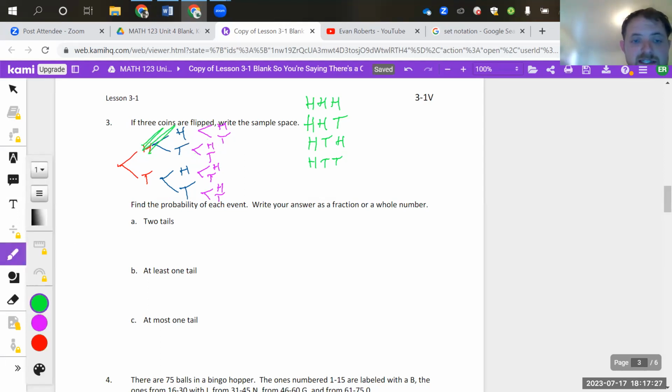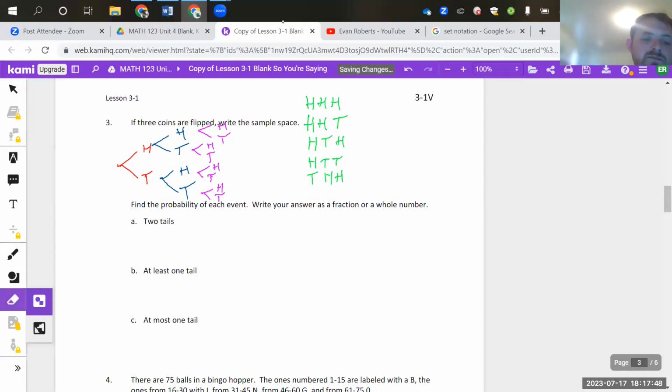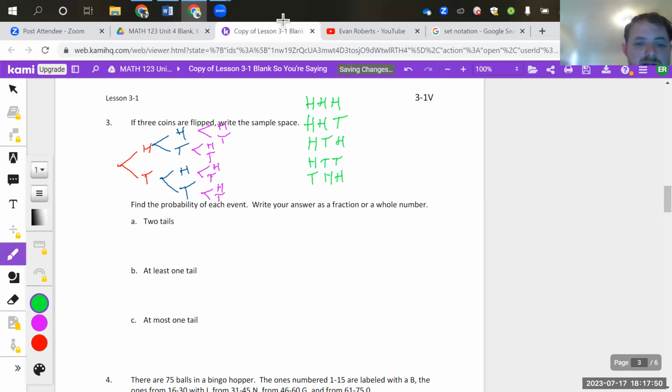So these have all been taken up by the four possibilities over there in green. Now I just work my way down to the bottom red here. So that would be something like tail, head, head. Again, the actual order does not matter here. I'm just making sure I don't repeat anything. And then the next one down would have been tail, head, tail.